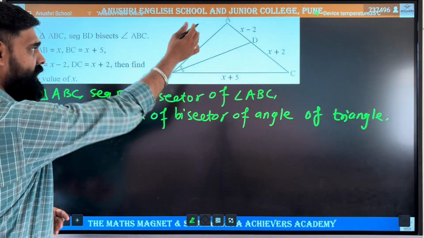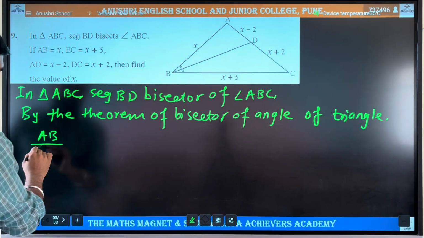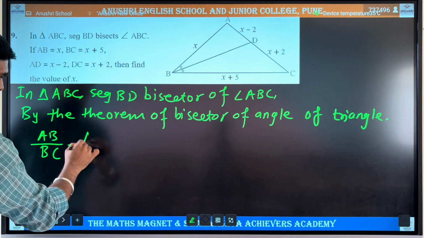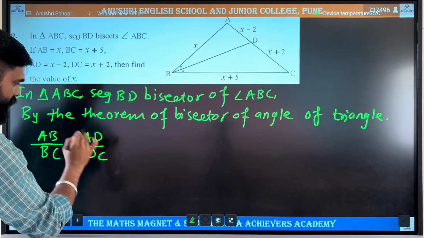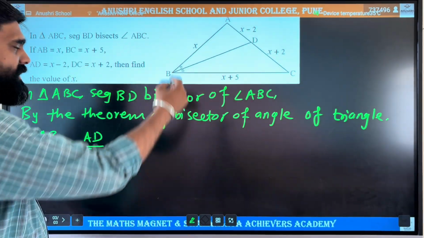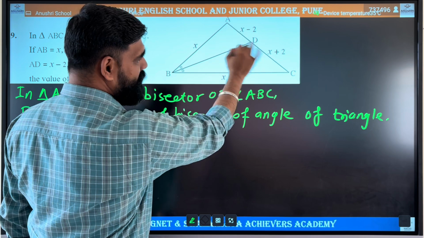We can write AB by BC is equal to AD by DC. So by using the theorem of bisector of an angle of a triangle we can write this ratio: AB by BC is equal to AD by DC.